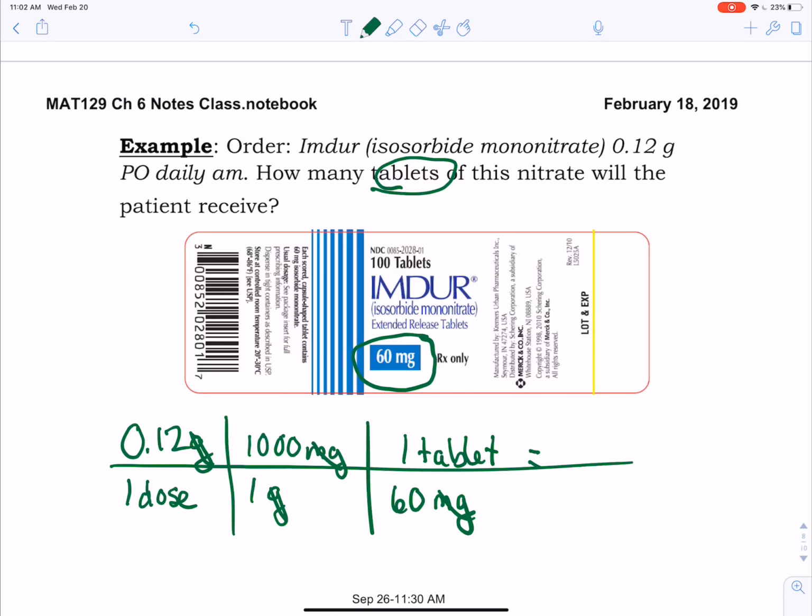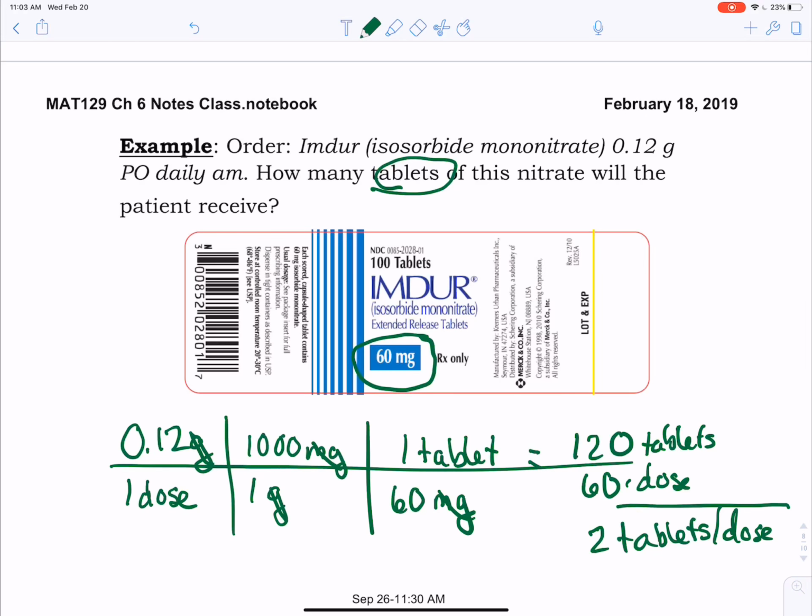When I multiply straight across the top, I end up with 120. And then across the bottom, I have 60. Notice that's tablets per dose. When I actually do the division out, because I care about one dose, I find that there's 2 tablets per one dose.